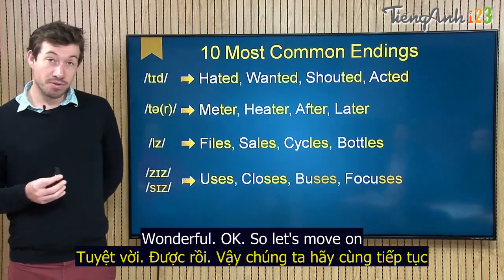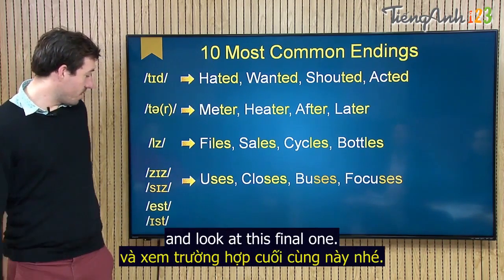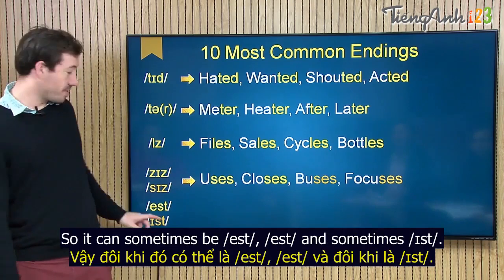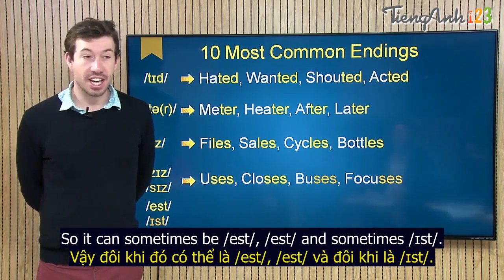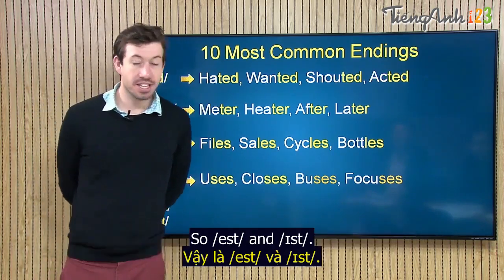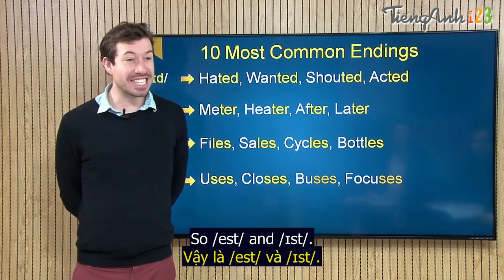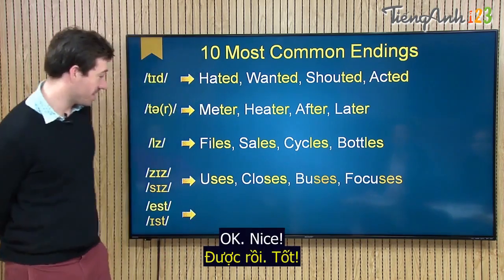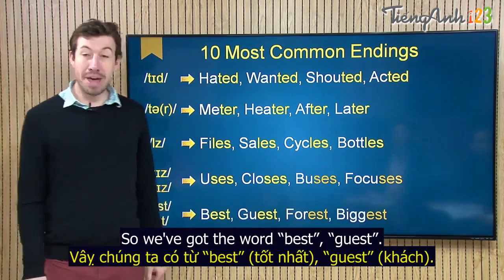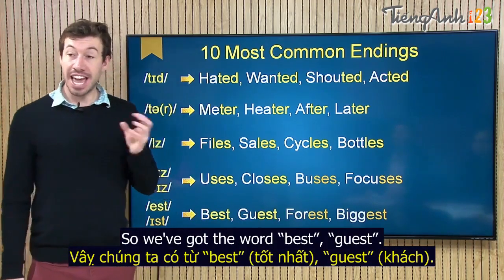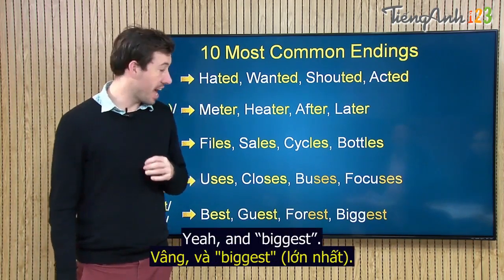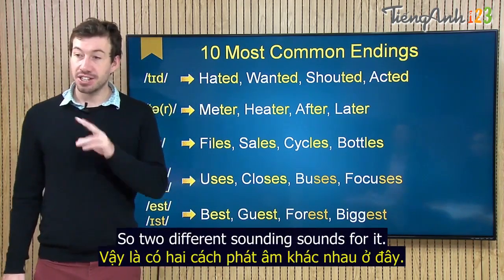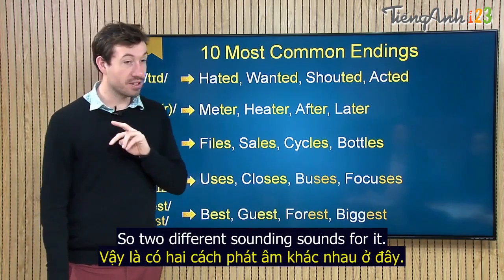Wonderful. Okay, so let's move on and look at this final one. Again, it's got two sounds, so it can sometimes be "est", and sometimes "ist". Okay, nice. And let's have a look. So we've got the words best, guest, forest, and biggest. So two different sounds for it.